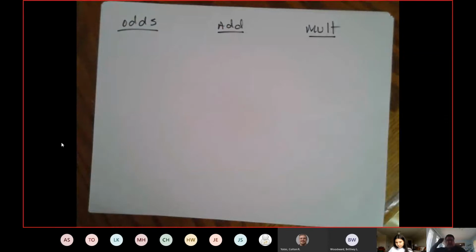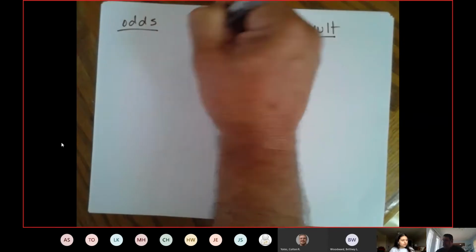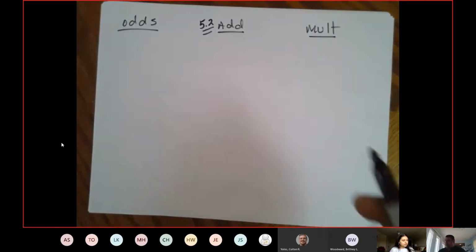Okay? Somebody look on your outline and tell me what section is the additive law. Anybody got your outline handy? Uh, 5.2, the addition rule. Okay. So 5.2 is the addition law, and 5.3 the multiplicative law.